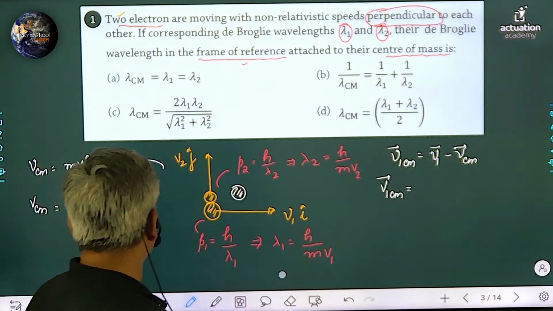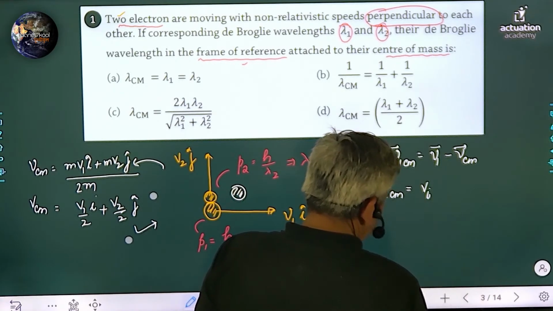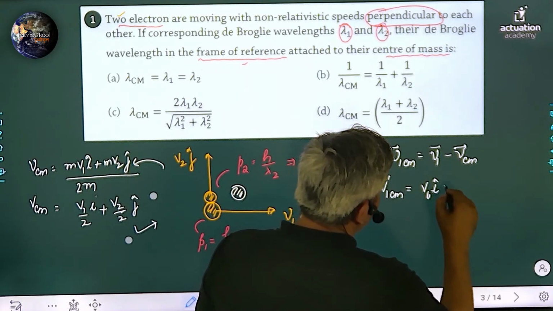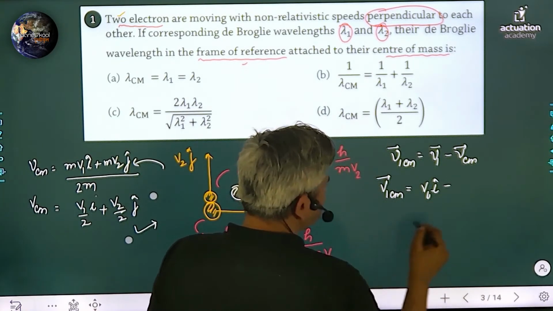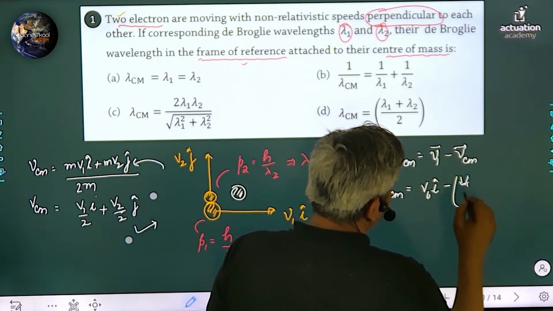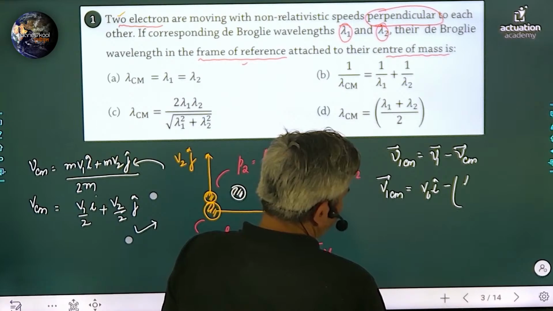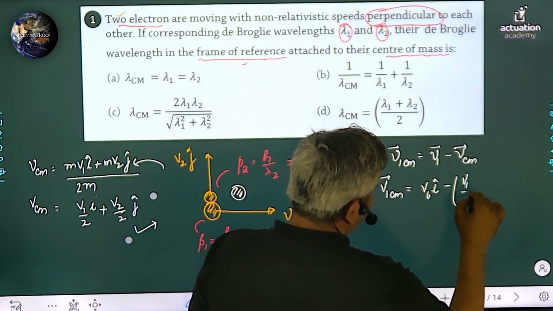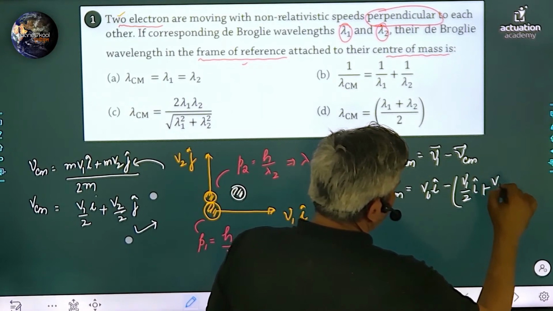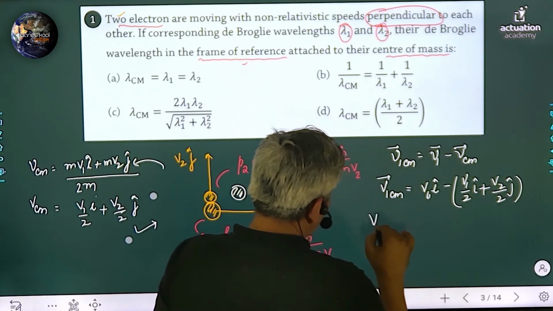That can be written as v1 i cap minus velocity of center of mass, which is v1 by 2 i cap plus v2 by 2 j cap.